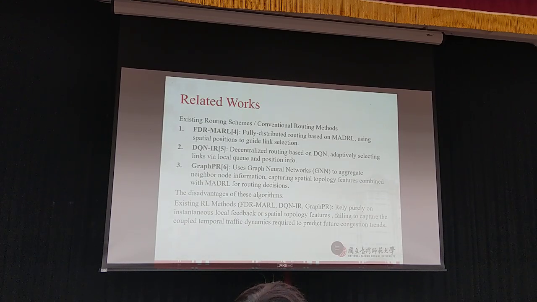Existing deep reinforcement methods like FDR-MAI, DQIR, and GRID-PR all share the critical flaws. They rely entirely on instantaneous feedback or purely spatial feature.